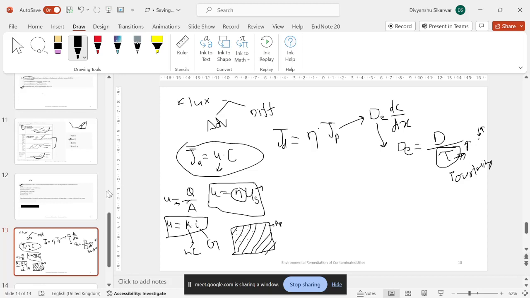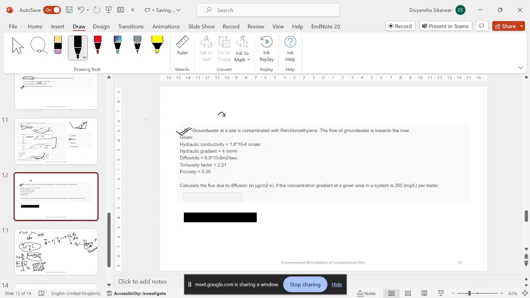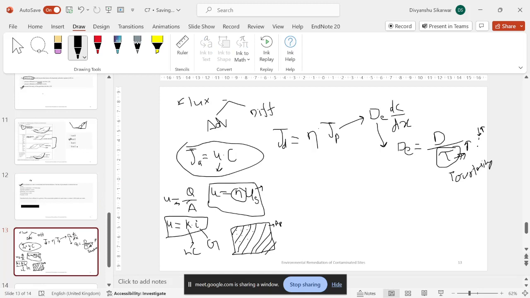If we have a high tortuosity value, then the mass movement through the media actually decreases.